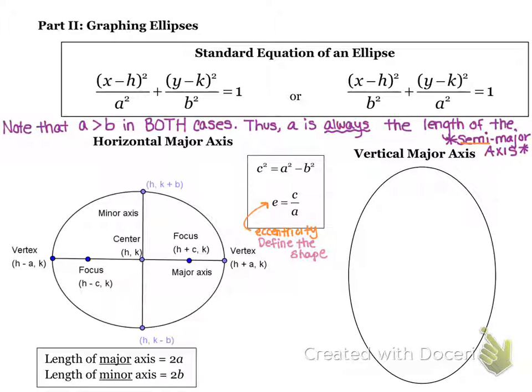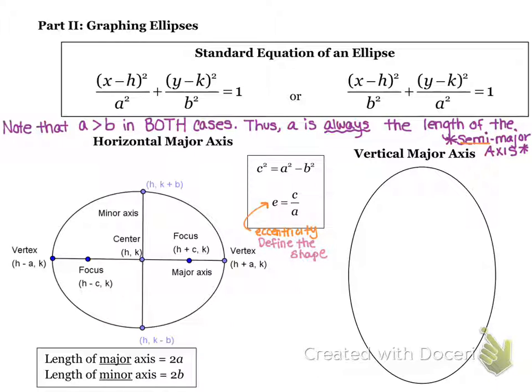So if we're looking at the horizontal major axis, that equation up top on the left goes with the horizontal major axis because a, which is greater than b, is underneath, in the denominator of h, and h is our horizontal shift, if you will, our left and right, and defines the x value in our center.